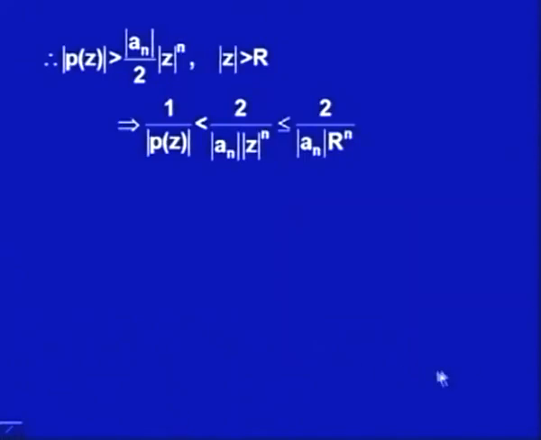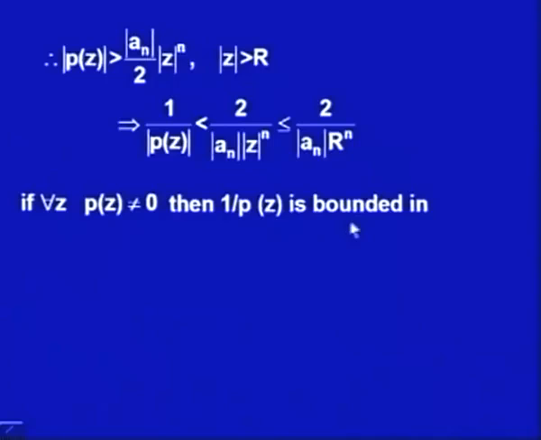So, what it simply says is that if P(z) is not 0 for all z, then 1/P(z) is bounded in the region |z| greater than r, because it is bounded above. And 1/P(z) is also bounded in the region |z| less than or equal to r.